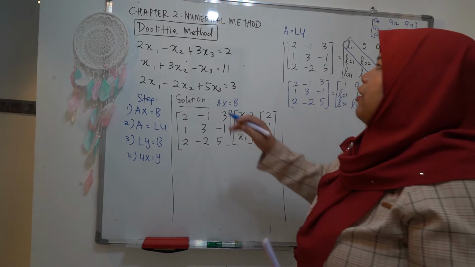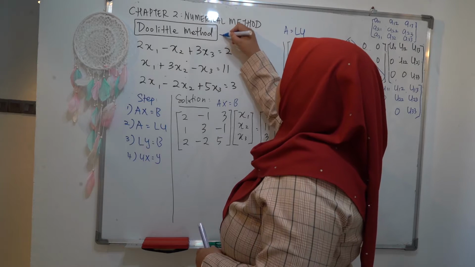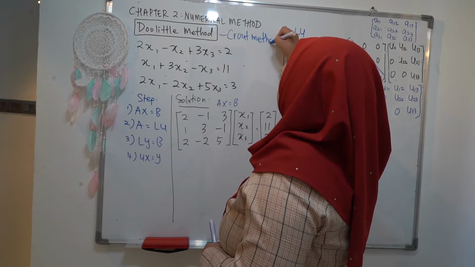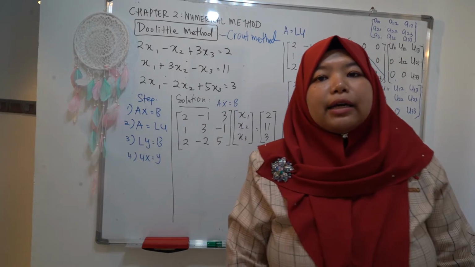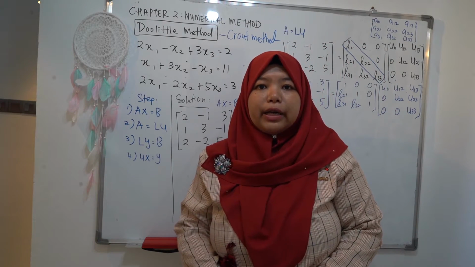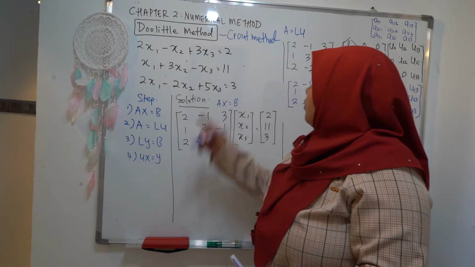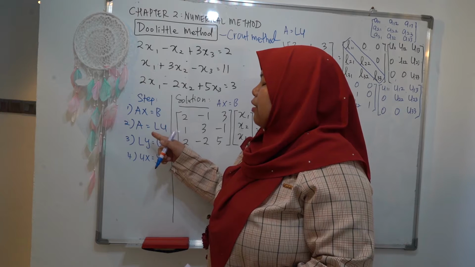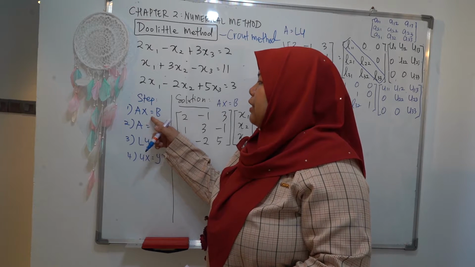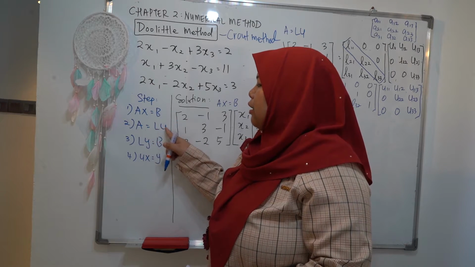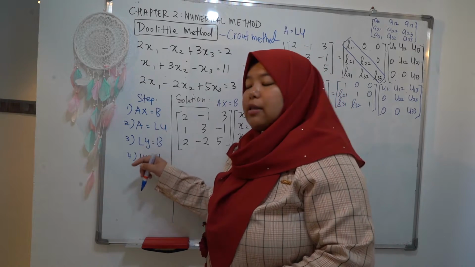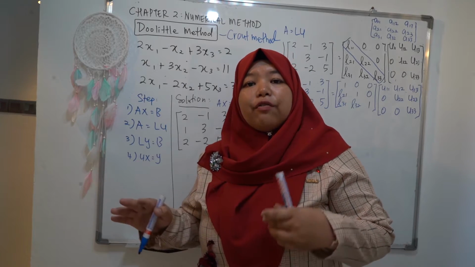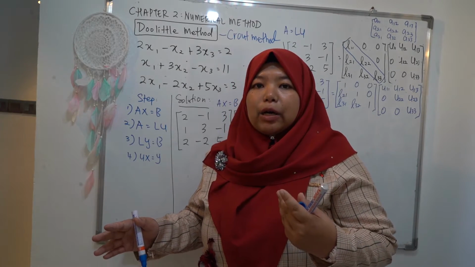Actually, the Doolittle method and the Crout method are the same method. The Crout method still has 4 steps: AX equal to B, A equal to LU, LY equal to B, and the last one is UX equal to Y. What is the difference between Doolittle and the Crout method?